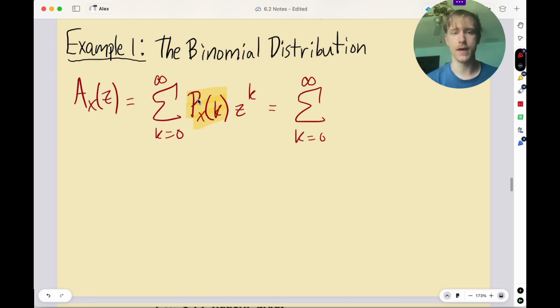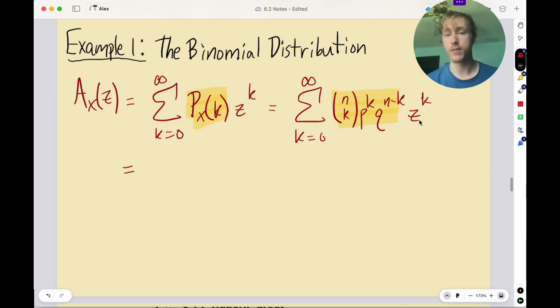So it's going to be, assume little n trials, n choose k, p to the k, and then q to the n minus k. So this was the PDF for a binomial variable. And then we also have to take that times z to the k. That's important because now we have two terms that are both being raised to the k, so we can combine those.